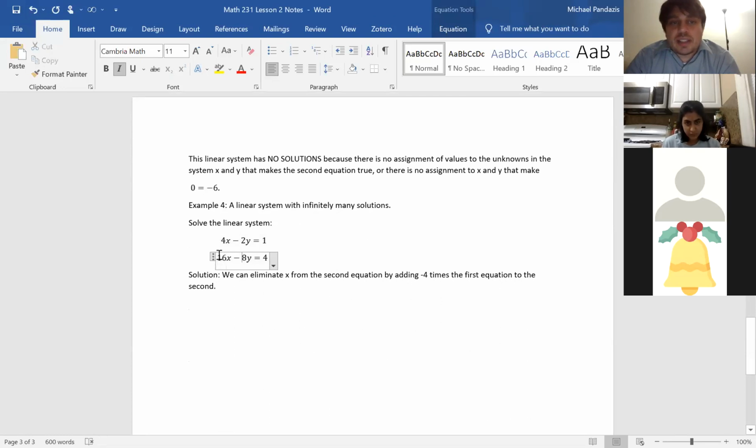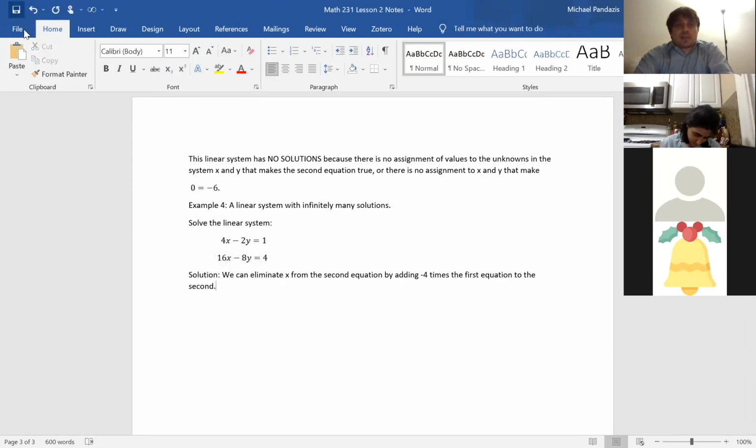You want to add the opposite of 16x to 16x to get 0, and the opposite of 16x is -16x. So how do you get -16x from 4x? You multiply it by -4. So -4 times 4x is -16x, and you add that to 16x, you get 0x. And that's how you eliminate x from the second equation.